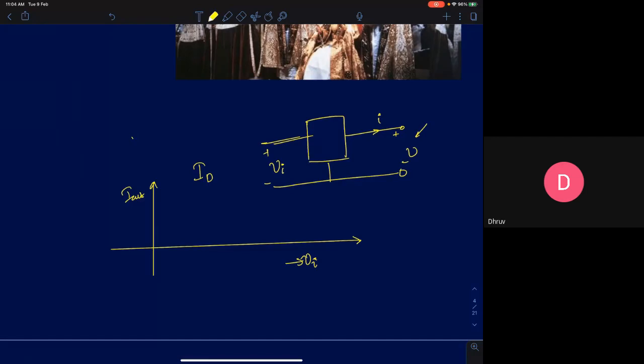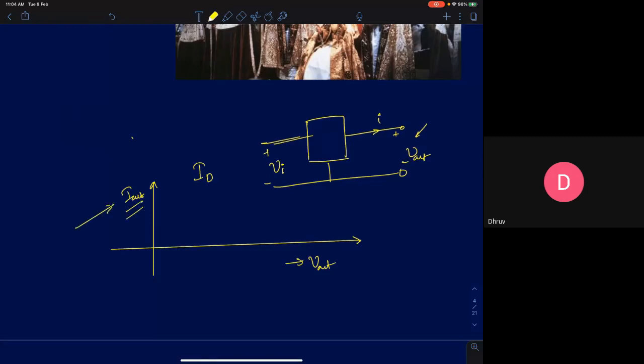Eventually, our goal is to derive this transfer characteristics for the amplifying device of interest. And we also discussed one very important thing, especially about output characteristics. If you have a device of this type, let V out be the output voltage and I out the output current.